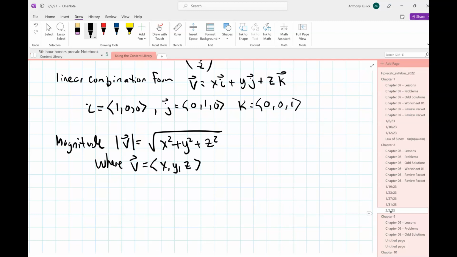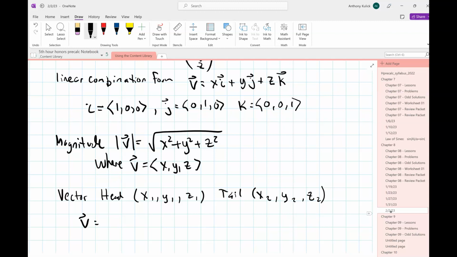What if I've given you vector v as 2 points? How to write vector v?